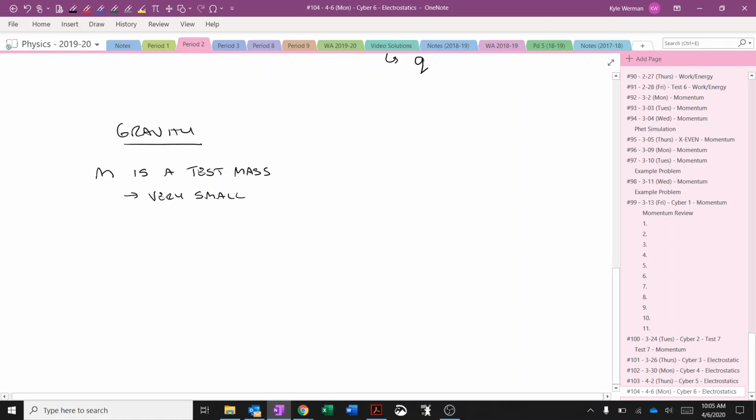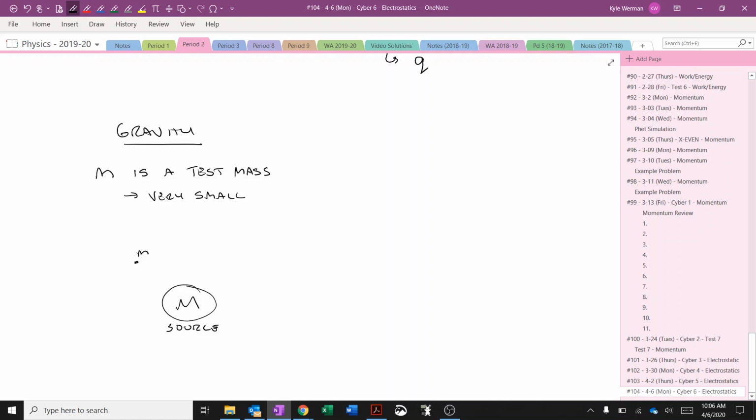And so what we have is this large mass that we're going to call our source that's creating the field of gravity around it, right? And if I bring in a little mass, m, to test it, how will that field affect that mass? What's going to happen to m?